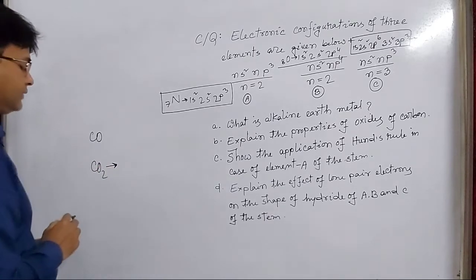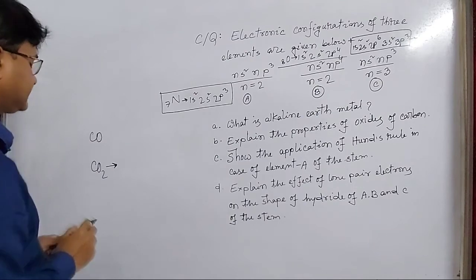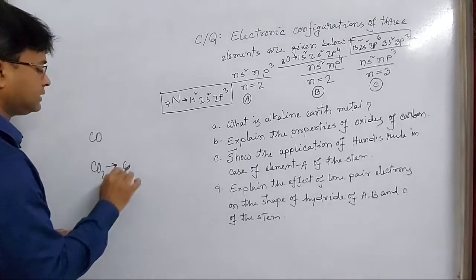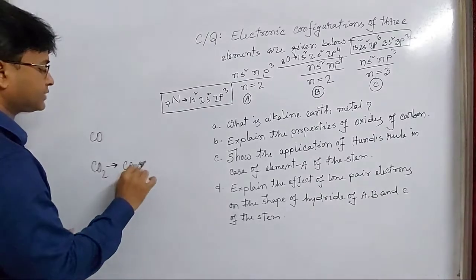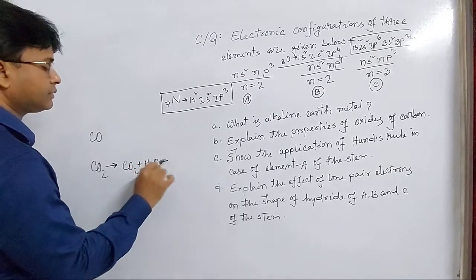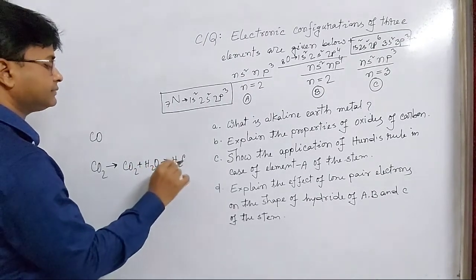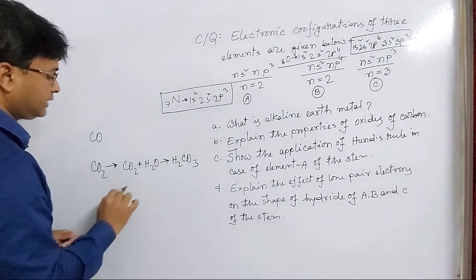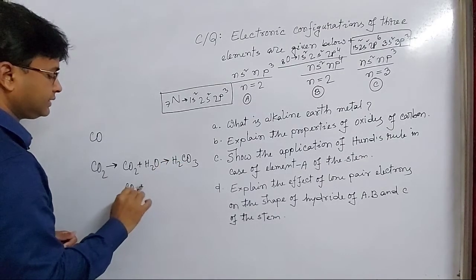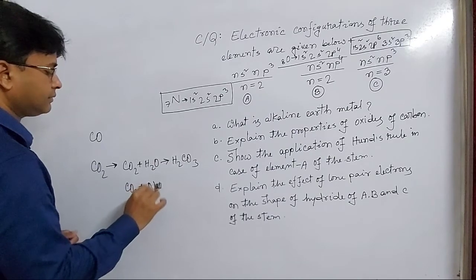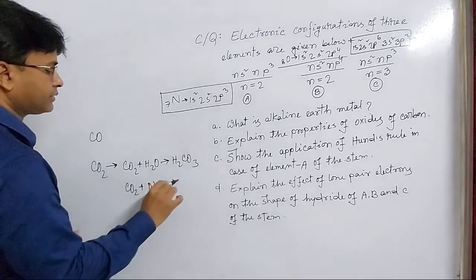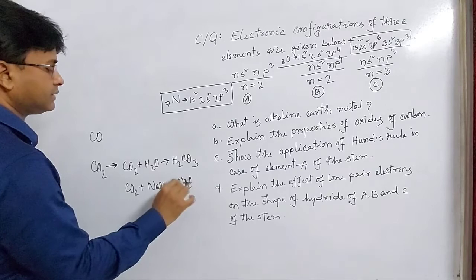Carbon dioxide is acidic in nature because it reacts with water to produce carbonic acid, and it reacts with base to produce salt and water.